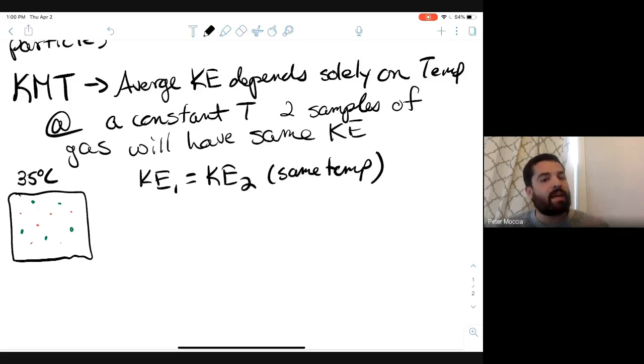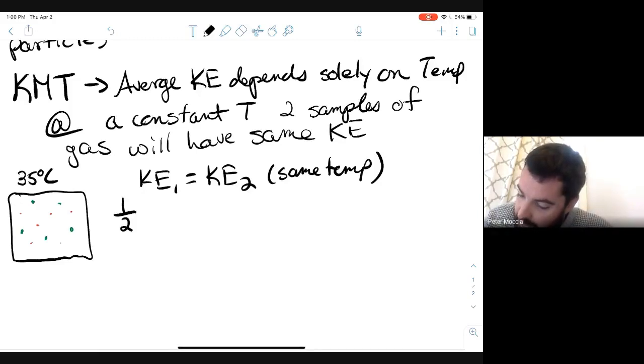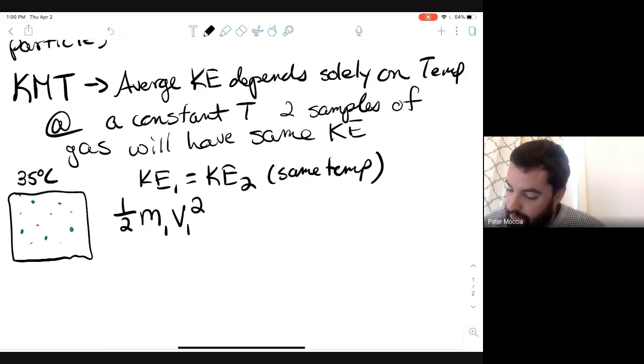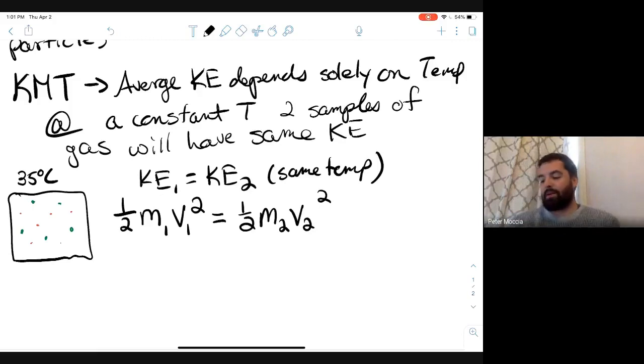So what does that tell us about the speed of the gas particles at a given temperature? Let's think about this, right? So if I have 1/2 the mass of the first, and when we talk about mass, we're talking about molar mass here. 1/2 the mass of the first gas particle times the velocity of the first gas particle squared equals 1/2 the mass of the second type of gas particle times the velocity of the second type of gas particle squared.